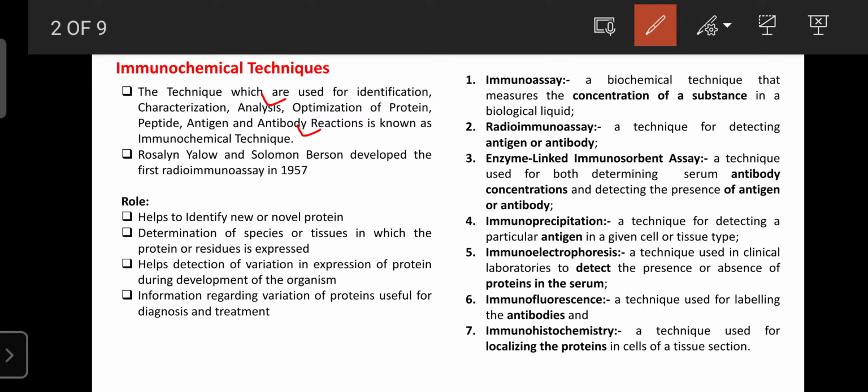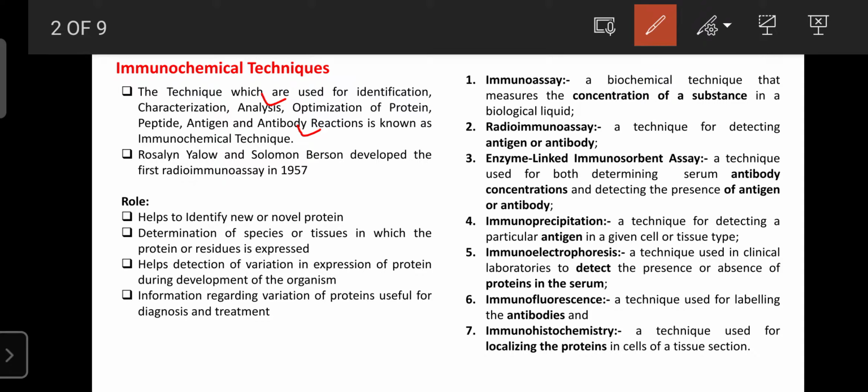It takes a lot of time. The patient serum is exposed to different types of antibodies. Then finally, where the reaction occurs, it can be identified or quantified. That is also possible with the help of immunochemical techniques.